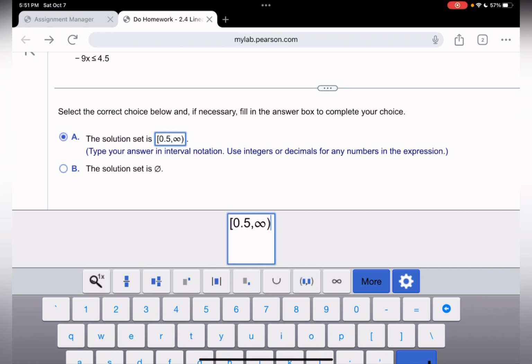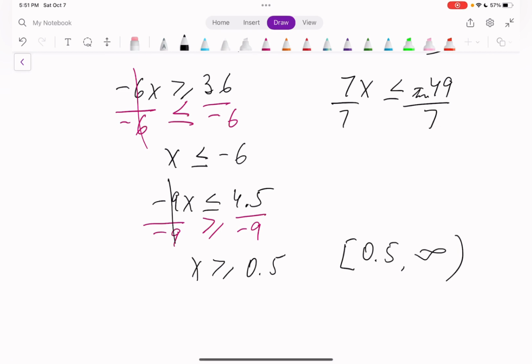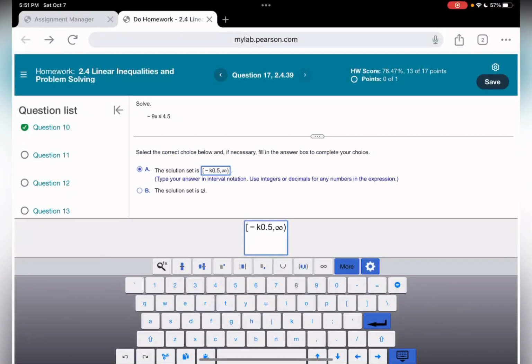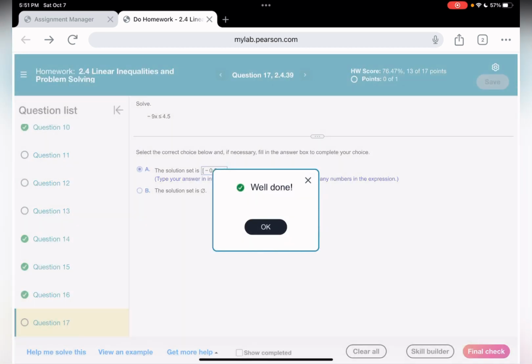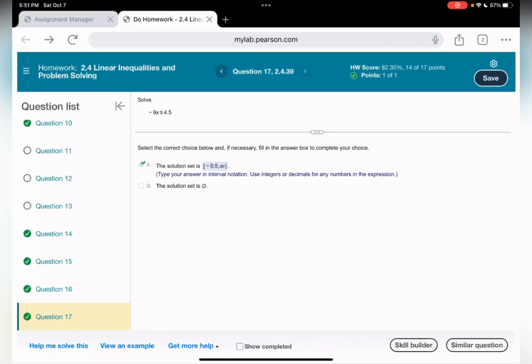Negative 0.5. Did we put the positive here also? Yeah. Negative, positive divided by negative, negative. Okay. All right. Third attempt, last attempt. Okay. See you in the next video.